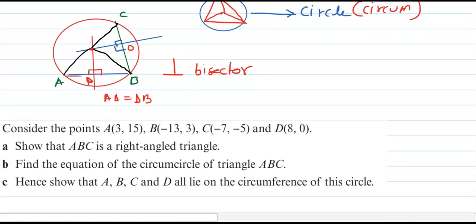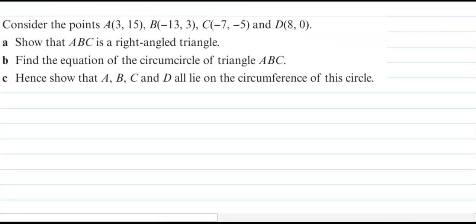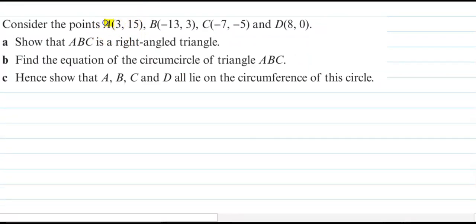Let's see this question. Consider the points A is (3, 15), B is (-13, 3), C is (-7, -5), and D is (8, 0). Show that ABC is a right angle triangle. We don't know whether these points make a right angle triangle or not.